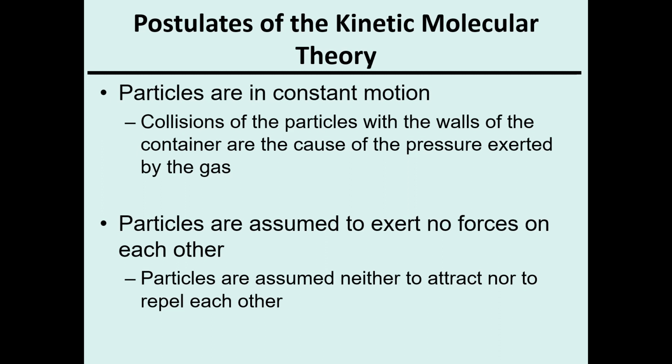But the particles are assumed to not exert forces on each other. So it's assumed that particles are not attracted to each other, they don't repel each other, they don't interact with each other in any way. And it's also assumed that all of the collisions between particles are elastic, meaning they simply bounce off each other and keep going.